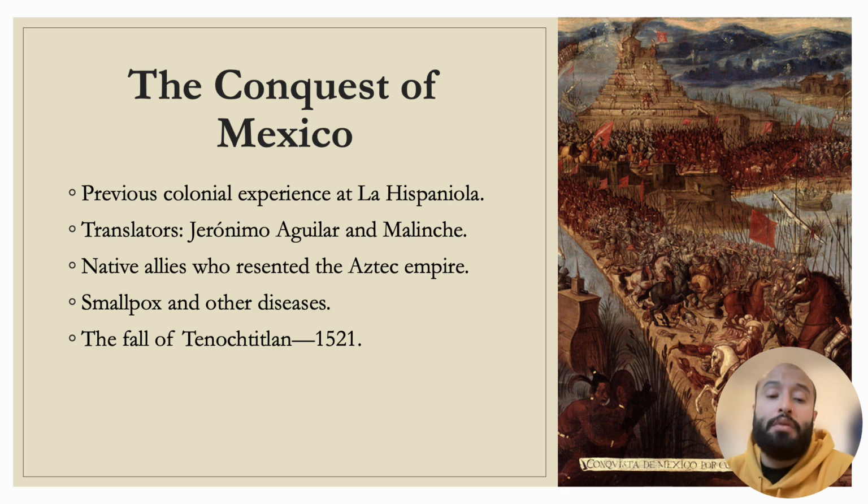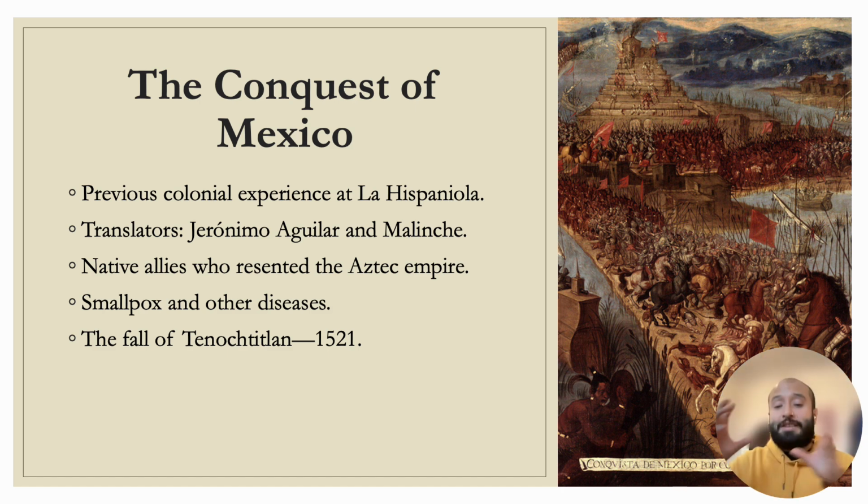And most of the population is going to die because of these diseases. In many cases, the diseases arrived to the indigenous societies way before the Europeans themselves arrived there. These diseases travel really fast. In places like Hispaniola and other islands in the Caribbean, we have records of pretty much 90% of the population or even more being wiped out in just a couple of years, many of them because of diseases.